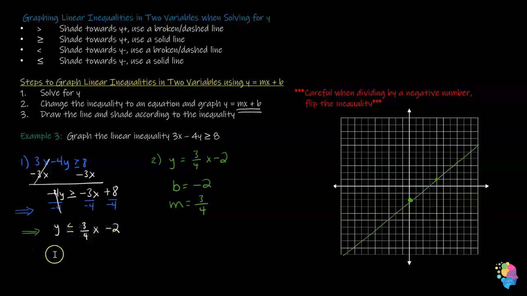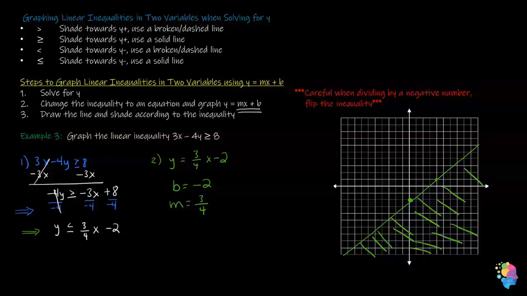Once we have our line, we return back to that inequality to see if we should shade above or below the line. Because it's less than, we're going to shade towards the negative y's. So then the solution is going to be all the points that are below the line, including those on the line.